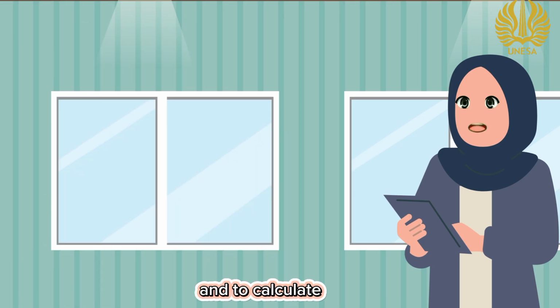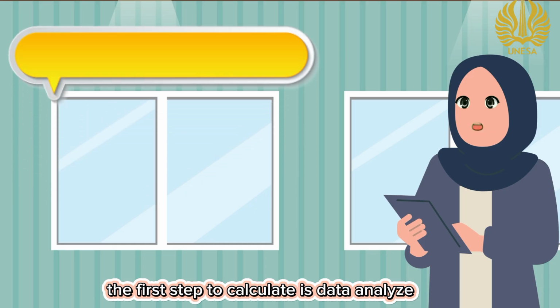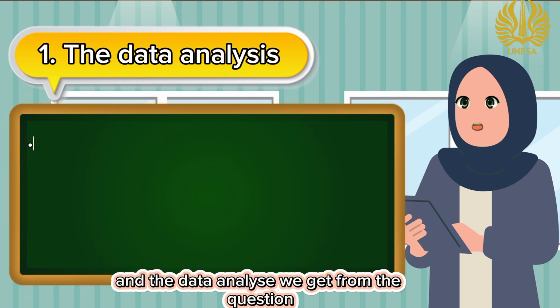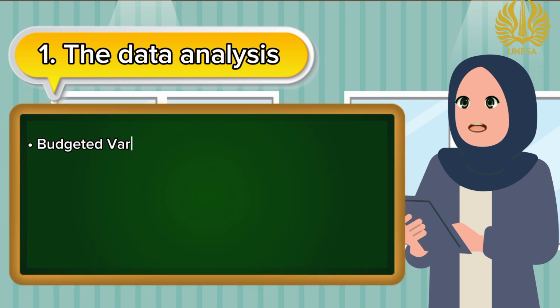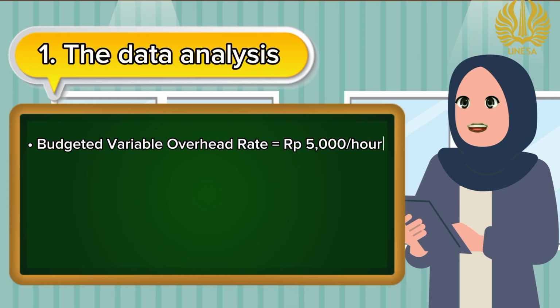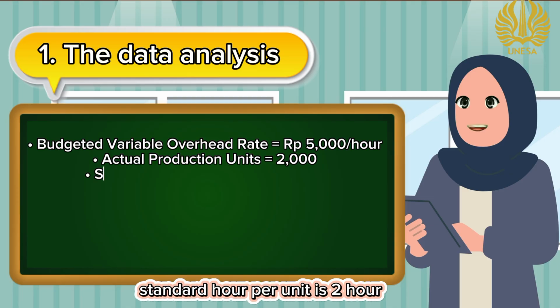To calculate, the first step is data analysis, and we get the data from the question. The first data is budget variable overhead rate is 5,000 per hour, and actual production units is 2,000. Standard hour per unit is 2 hours.